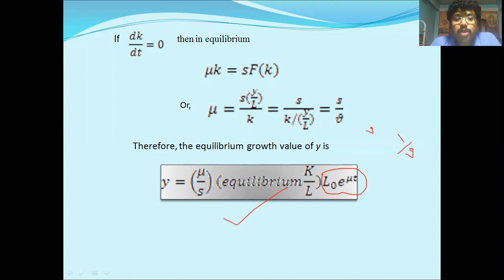So what we have found in this lecture on the Solow model is a clear understanding of the basic difference between the Harrod model and the Solow model. In the Harrod model, there is a constant capital output ratio, a fixed real rate of interest and a fixed real wage rate.